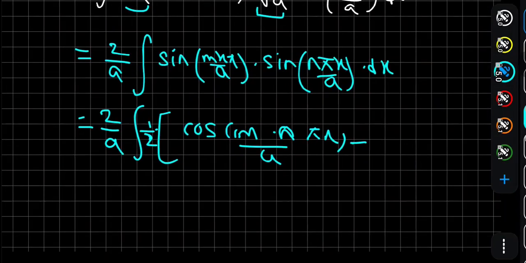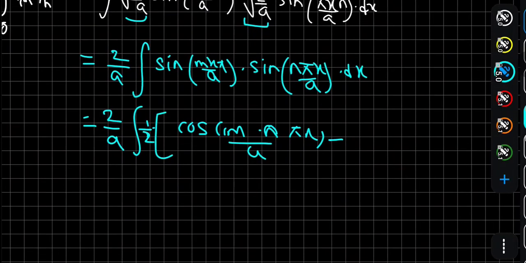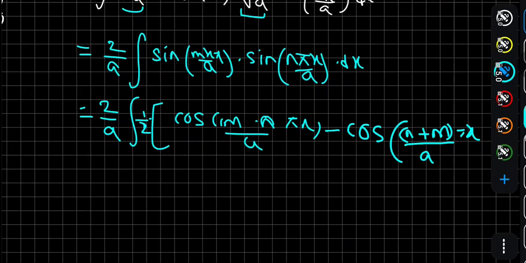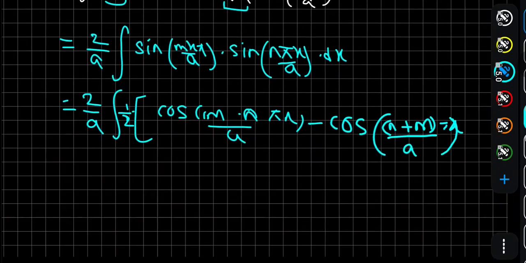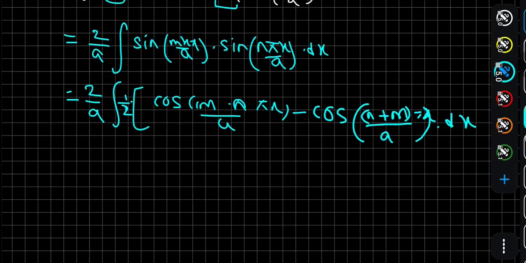Then of course minus cos of (n plus m) pi x divided by a as a whole, and dx.